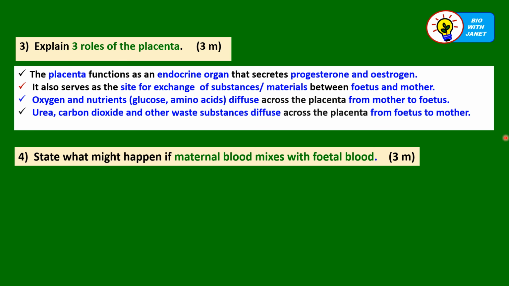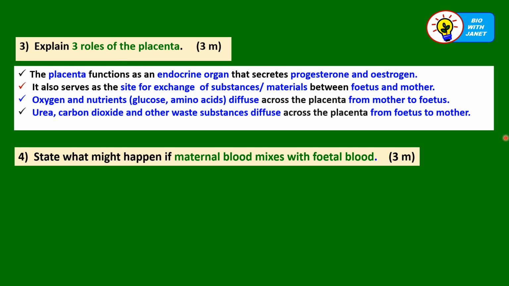Now, one more function is that the placenta allows antibodies to diffuse from the mother's blood into the fetal blood, and thus it helps the fetus to obtain temporary passive immunity against certain diseases.